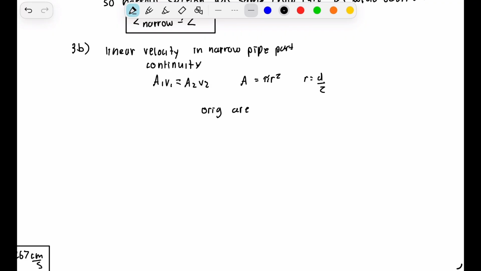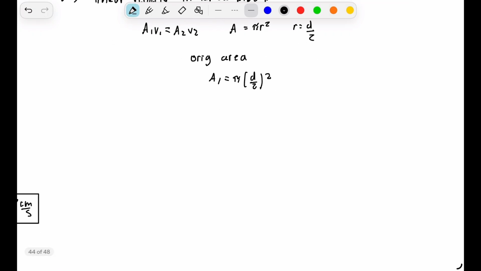So if the diameter is going to be d, and d over 2, we can write A1 is equal to pi (d over 2) squared. Now we can find the narrow area. The narrow area is having a diameter that is d over 3. So A2 is going to be pi times the radius squared, and the radius is equal to the diameter divided by 2.